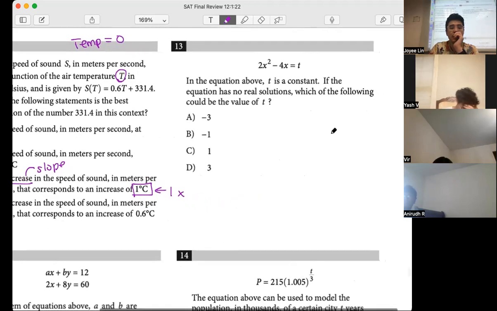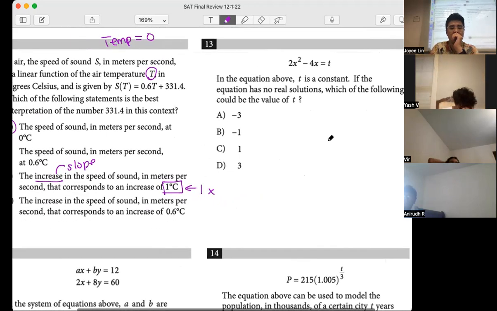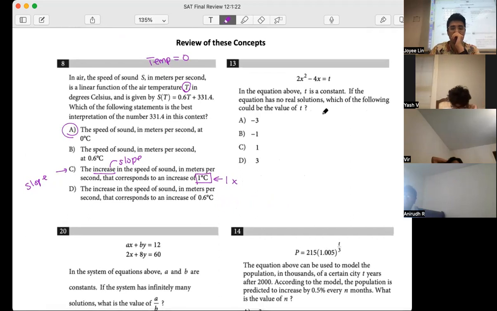Number 13, how do we do number 13? Look at the square root of b squared minus 4ac term. Yep, we got to move the t over though, right? Yeah.